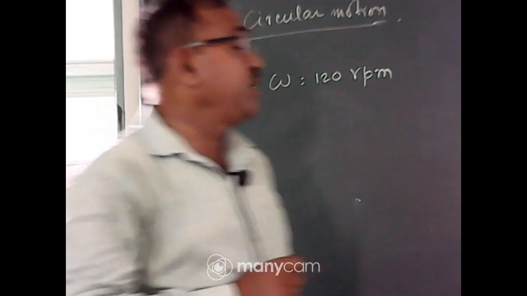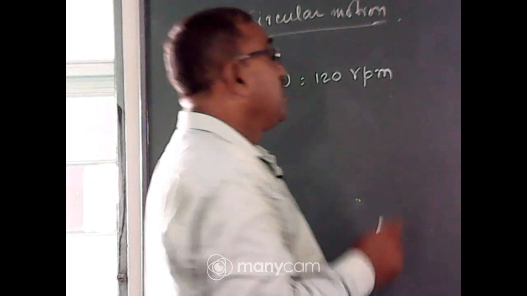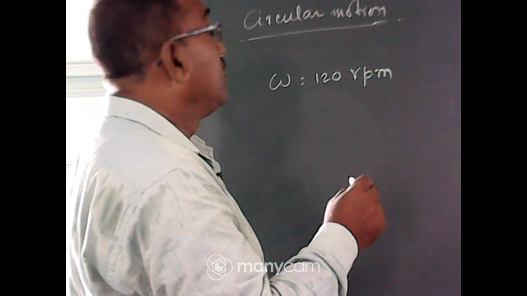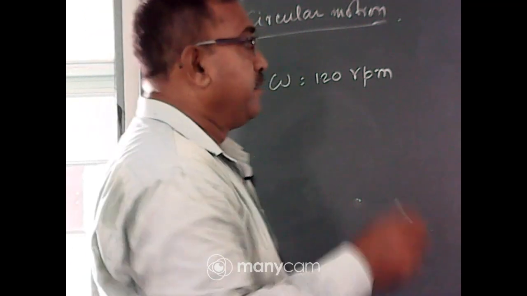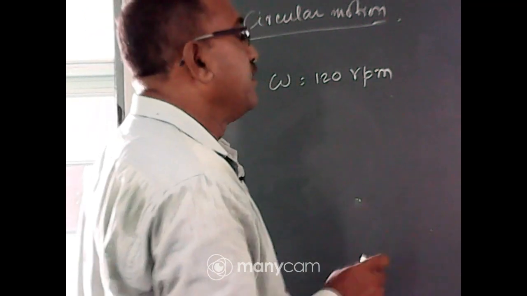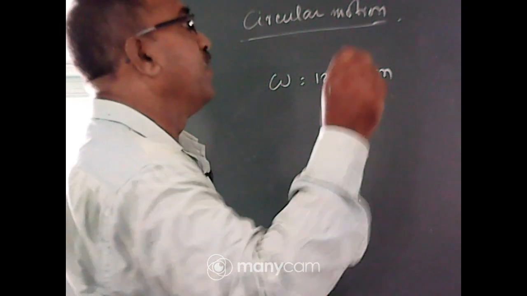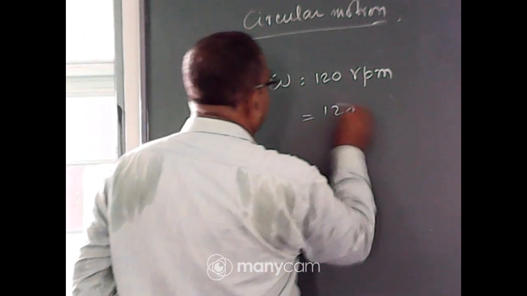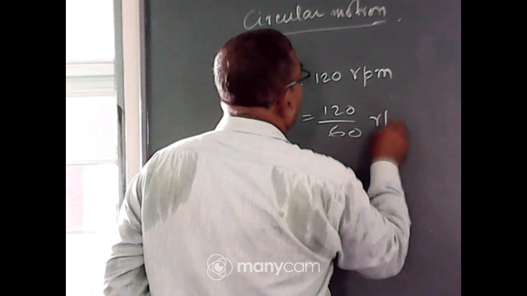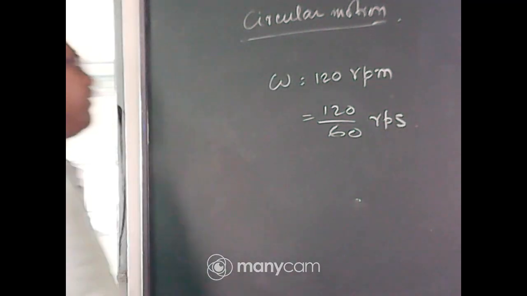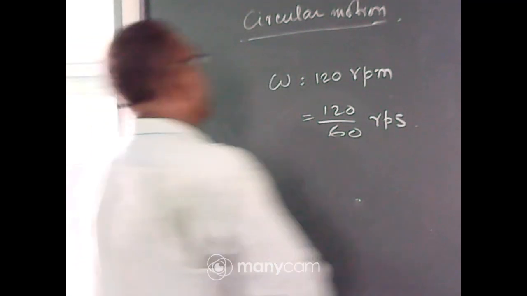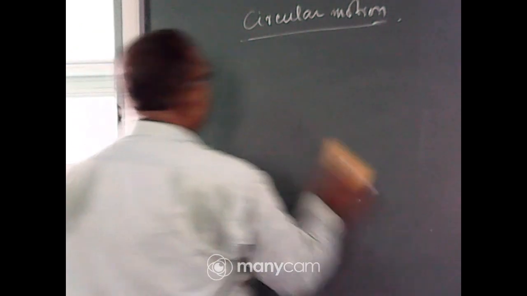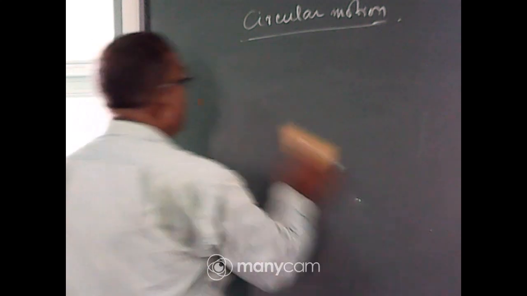Suppose when you buy a fan from a market, you see the motion of the blades with the help of a unit, that unit must be RPM or RPH. Again, divided by 60, that is equal to RPS. So you can change it to rad per minute, rad per second and rotations per hour.